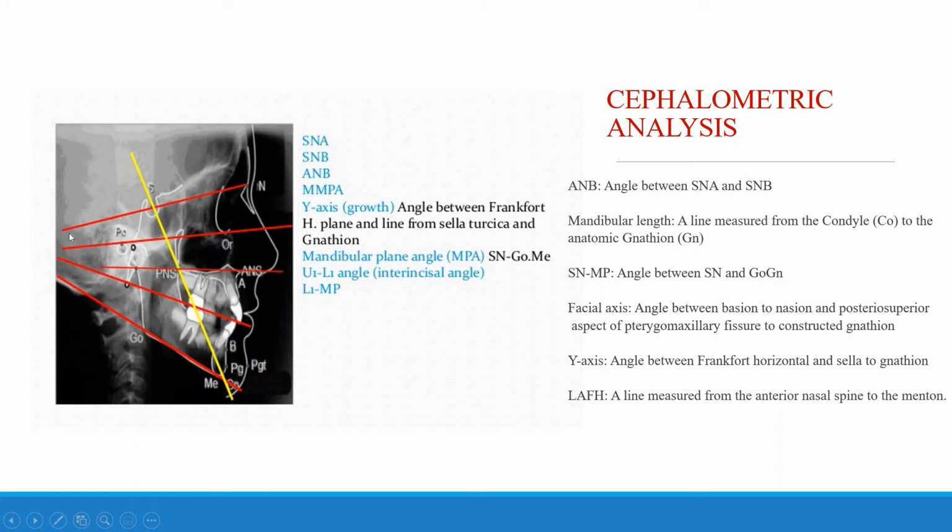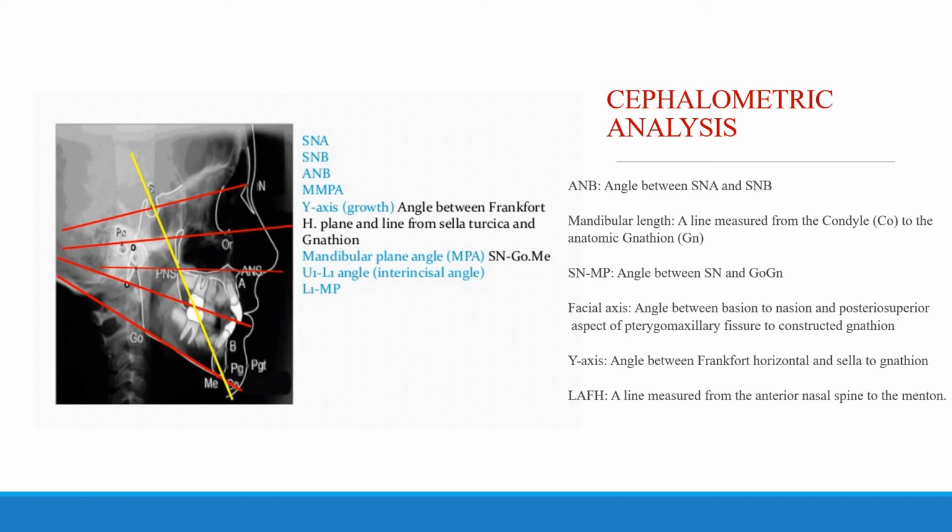SN-MP is the angle between the sagittal plane and the mandibular plane.